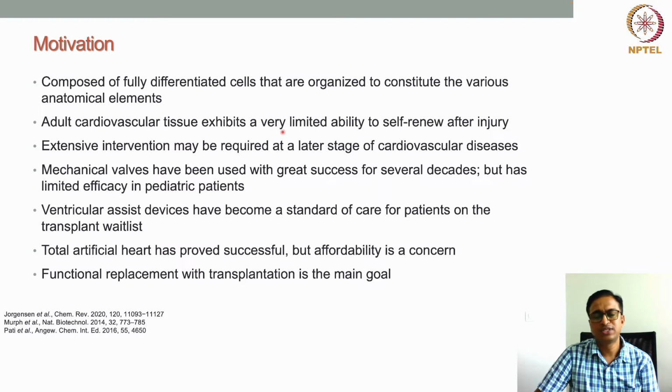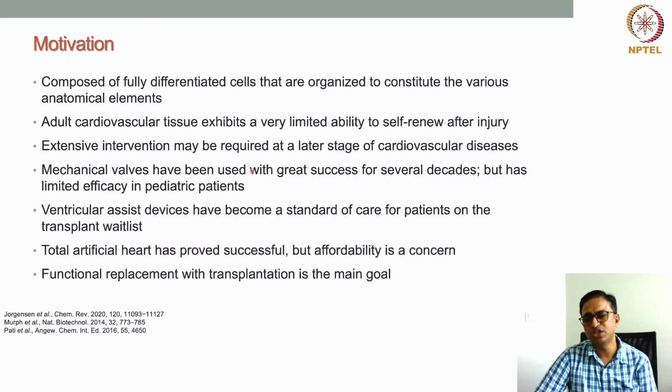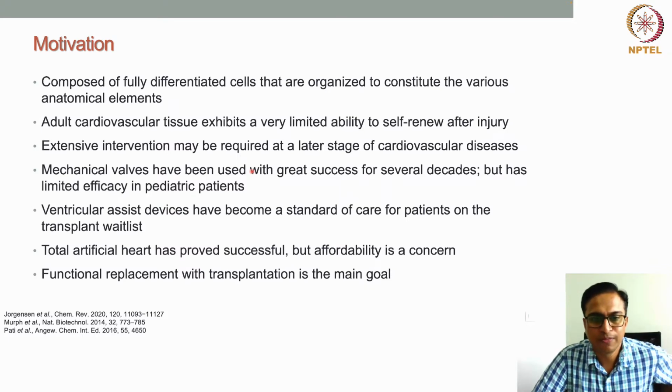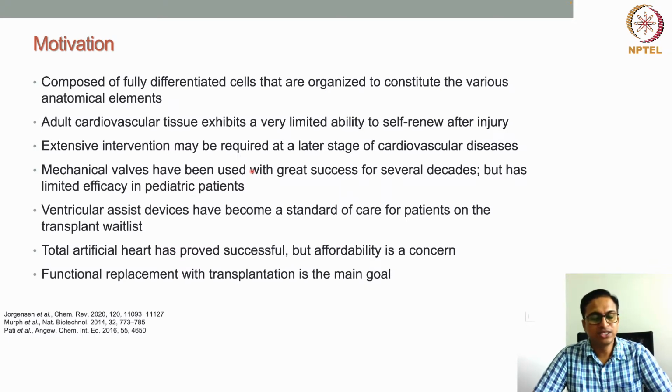But the most important thing to understand here is that cardiovascular tissue exhibits very limited ability to self renew after injury. If any kind of defect or disease arises in the heart tissue, due to some disease or injury, in the case of the adult population it is very difficult to regenerate, right?